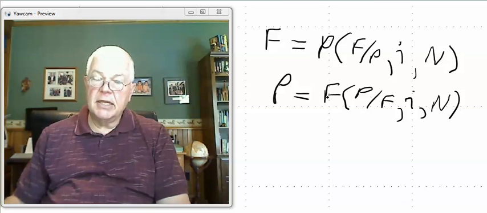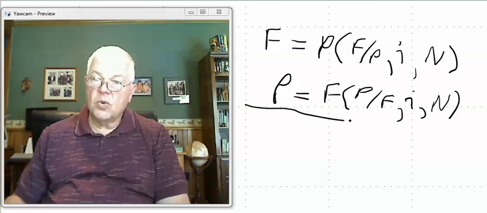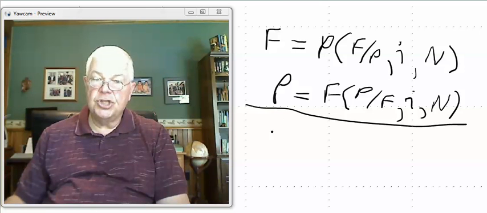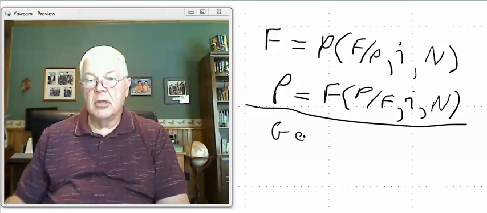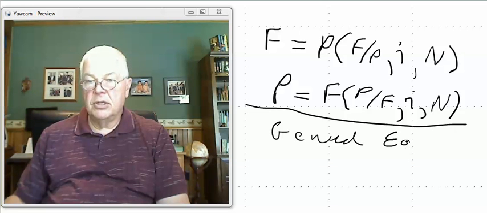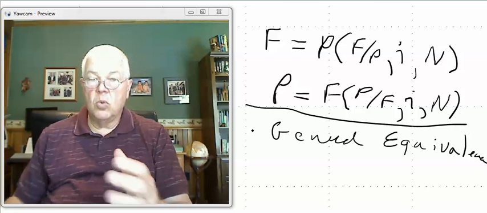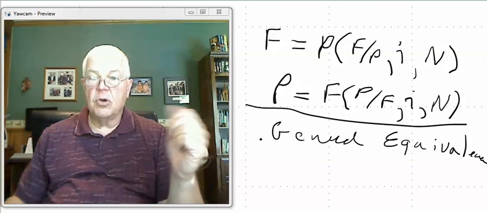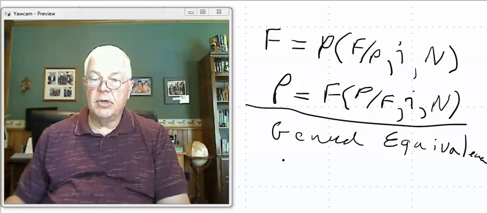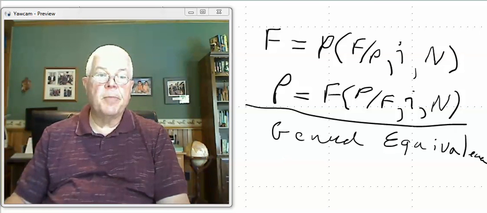The basic idea, now from this, of course, we are going to do general equivalence. General equivalence means given any cash flow, what is its future or past value? What is it, present or past value?